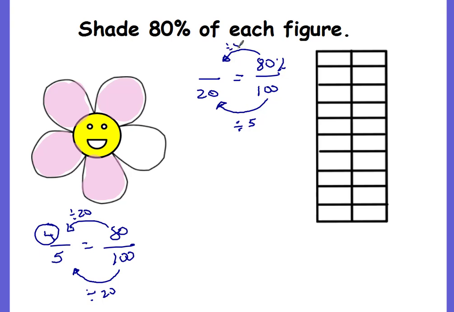Divide our 80% by 5, and we get 16. We want to shade 16 of the boxes. 2, 4, 6, 8, 10, 12, 14, and 16. All right, now we have shaded 80% of our figure.